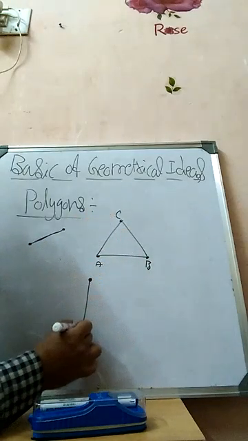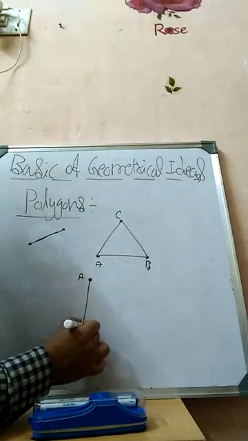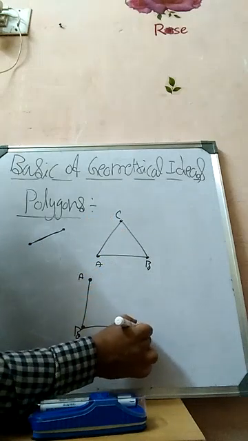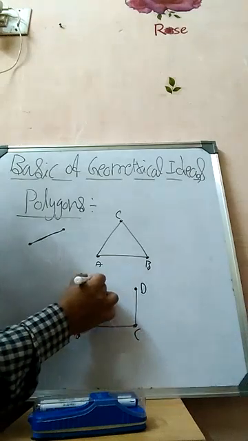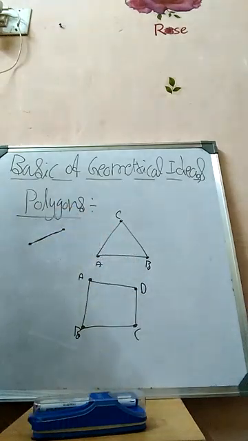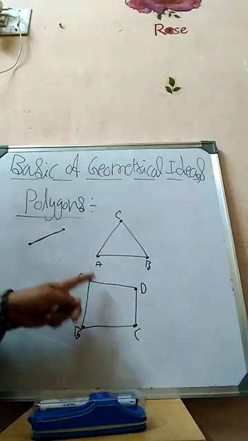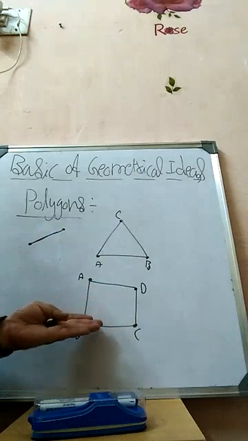One more, look: AB, BC one more line segment, CD one more line segment, AD one more line segment. This is also a simple closed figure bounded by line segments.